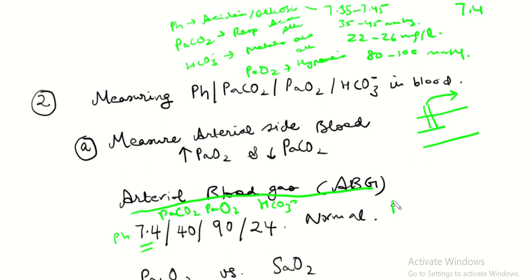And we write it like that: pH, PaCO2, PaO2, and bicarb, just like I've written here. And this would be considered normal.